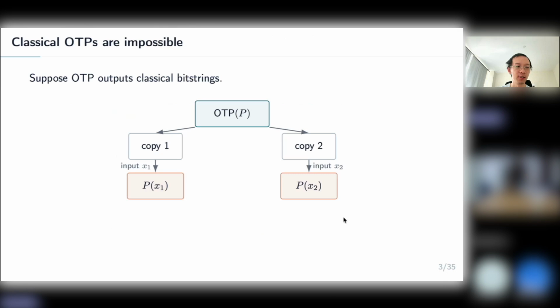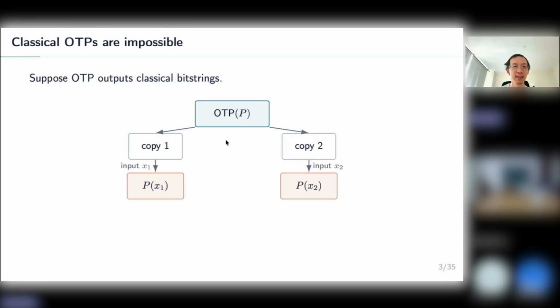Okay, so it shouldn't surprise anyone that it is impossible to have a classical one-time program without any additional assumptions. Suppose your one-time program compiler, upon being given some P, just outputs some classical bit string, like some obfuscated version of P. Then you can always evaluate it multiple times by just making copies, right?